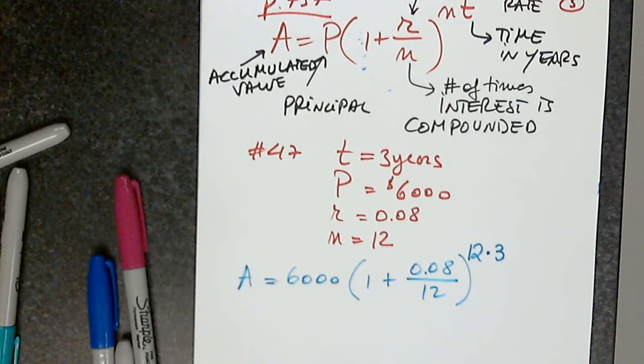So 6,000, parentheses, 1 plus 0.08 divided by 12. Close the parenthesis. Put the caret. Put parentheses again if you don't want to multiply, and just write 12 times 3. If you want to multiply and say 36, you don't need parentheses. But I recommend it. So she borrows $6,000 today. How much money does she have to give back in 3 years?